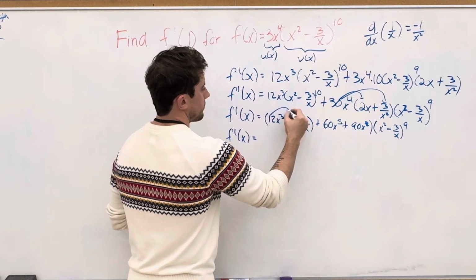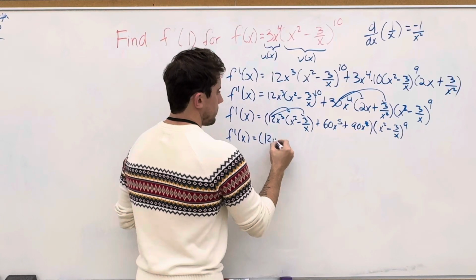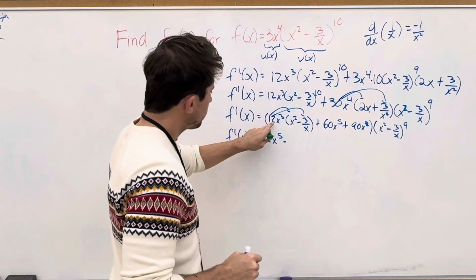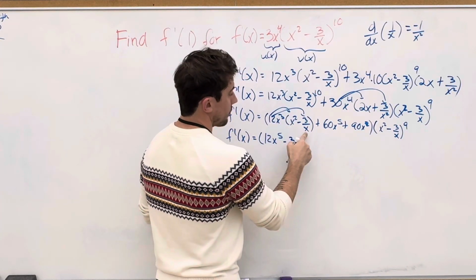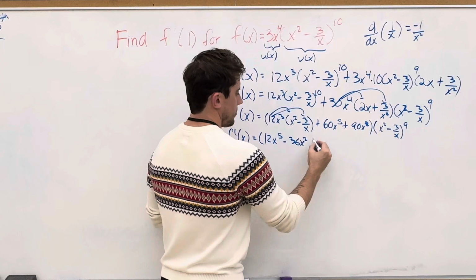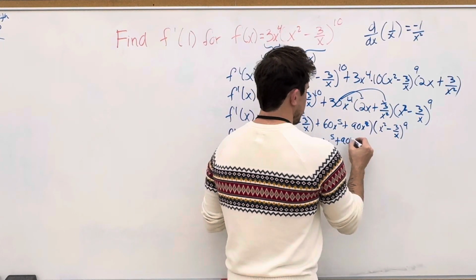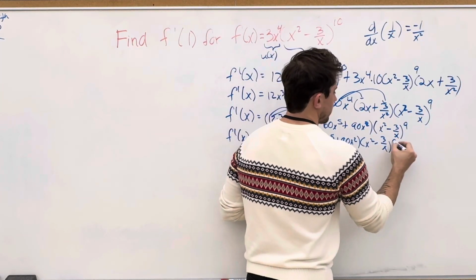If we multiply through these brackets, we have 12x to the 5 minus 12 times 3 is 36. x cubed over x is x squared, plus 60x to the 5 plus 90x squared, again times x squared minus 3 over x to the power of 9.